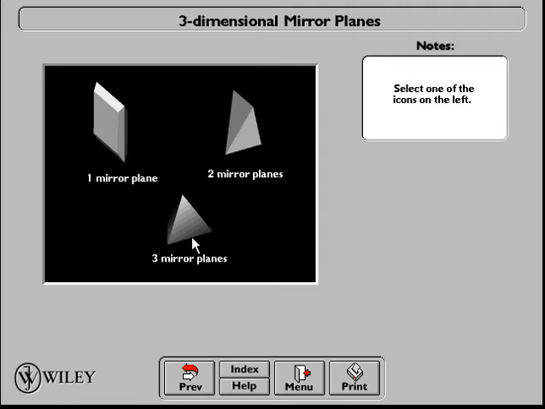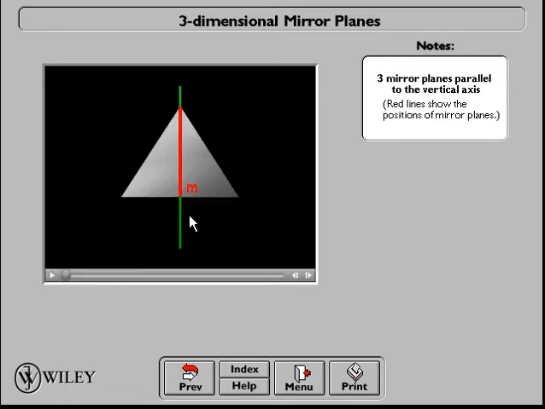And now, last but not least, I have an example showing three mirror planes parallel to the vertical axis. Red lines show the position of the mirror planes. So here we have one, here we have one, here we have one, and here we have the next one.